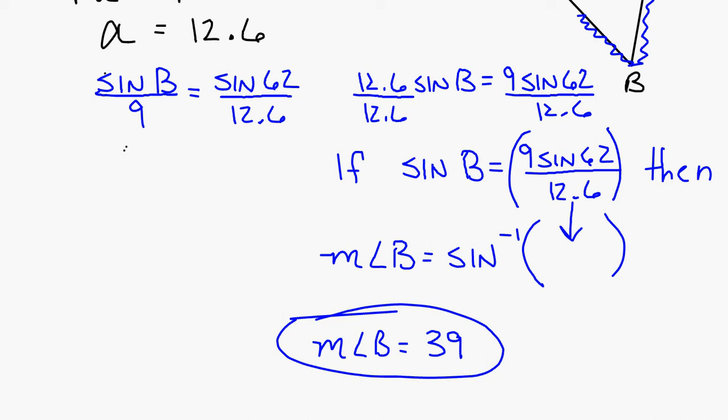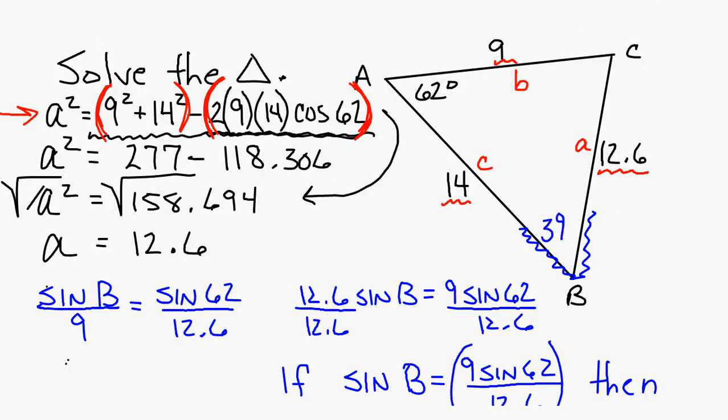Anybody get 39 degrees? Okay, so now, if you're solving this triangle, you go back, angle B is 39 degrees. So take 180, subtract 39 and 62. So angle C is 79 degrees.